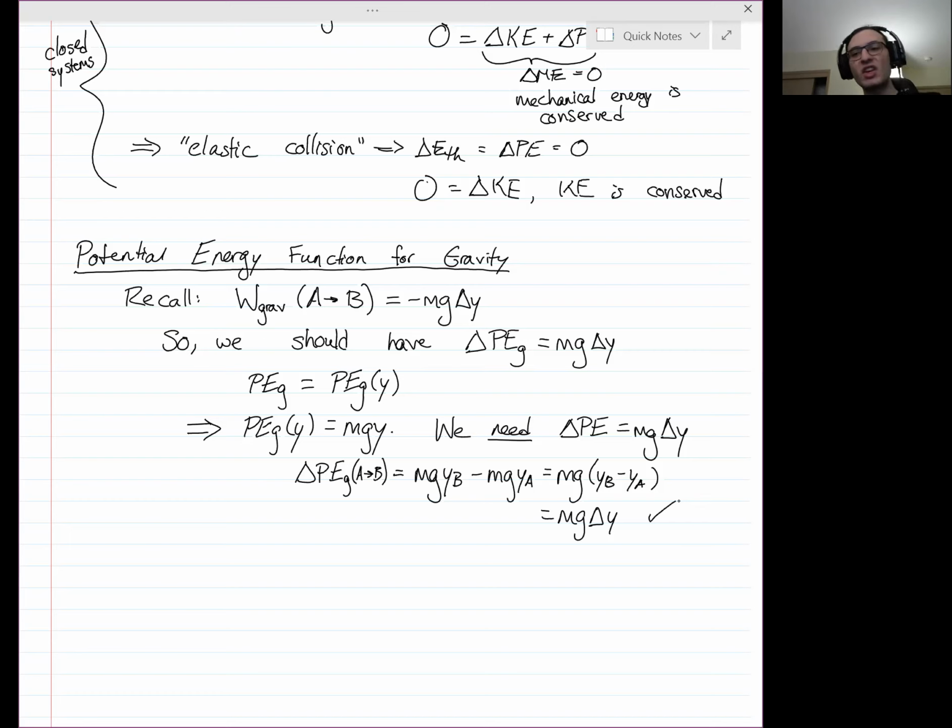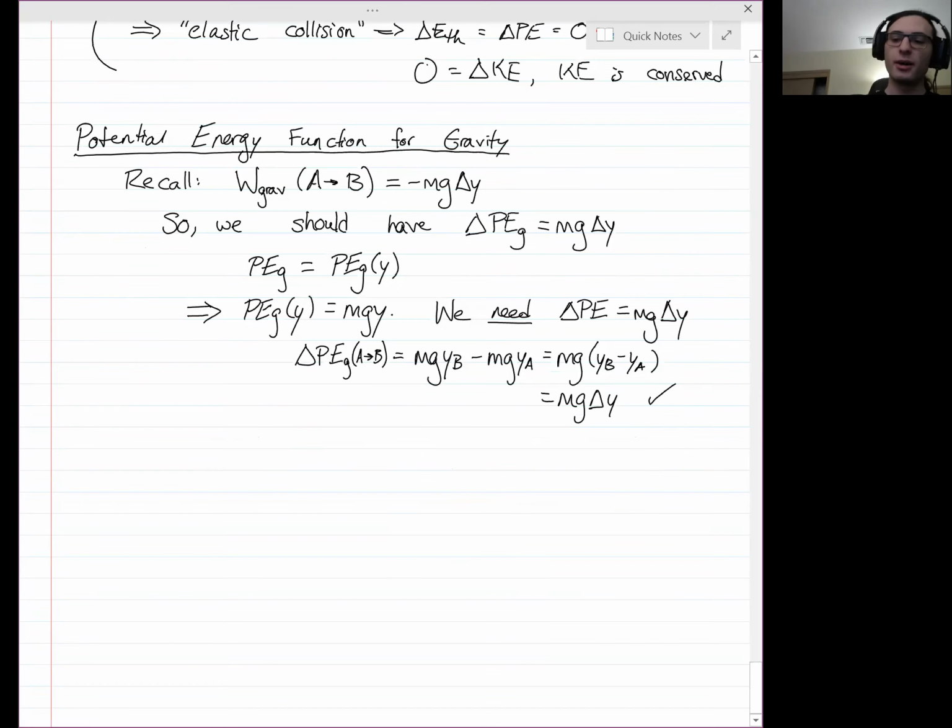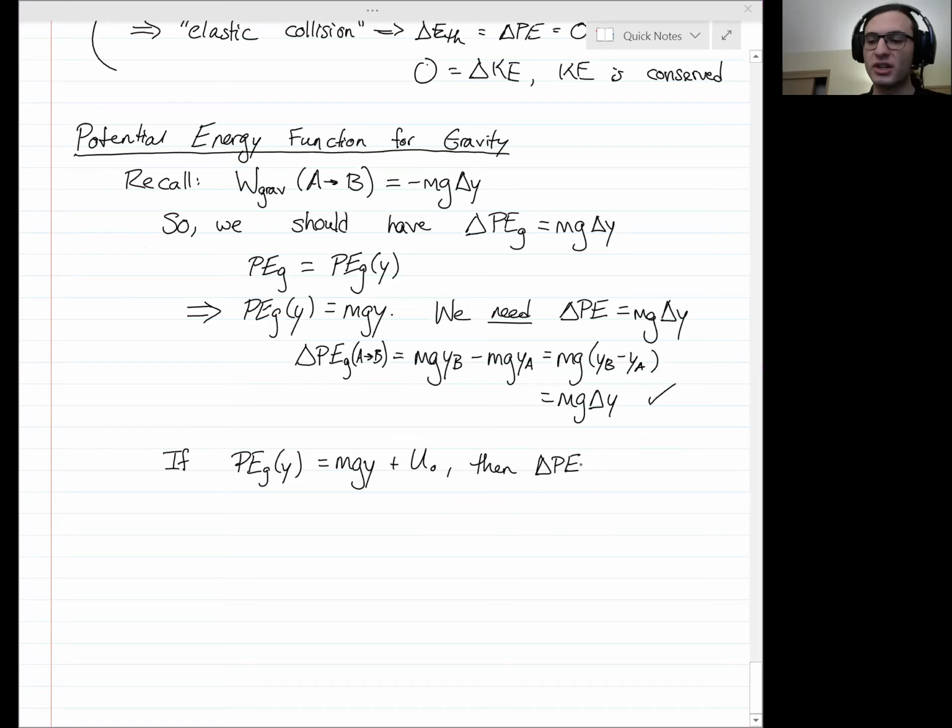However, that's not the only possible answer. If the potential energy due to gravity as a function of y was instead m times g times y plus some number, let's call it u naught, then the change in potential energy from A to B would still be mg delta y. You don't have to write from A to B every time, I'm just doing it because you're new to this concept.